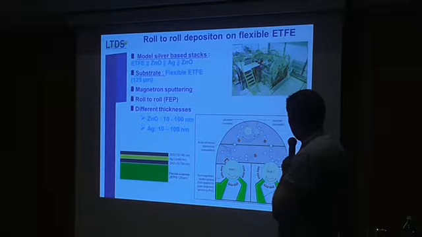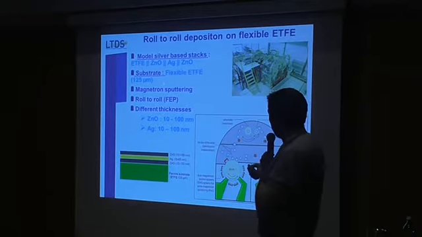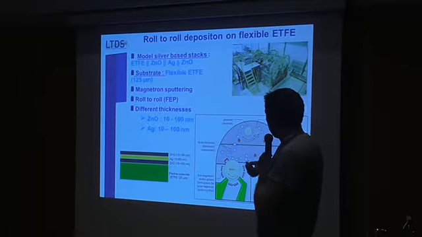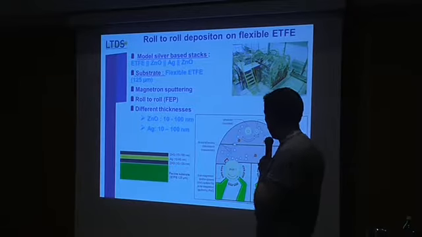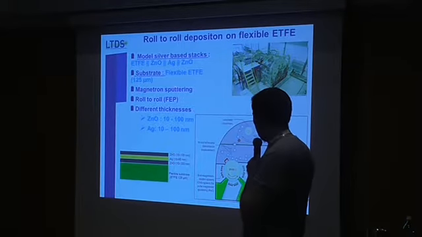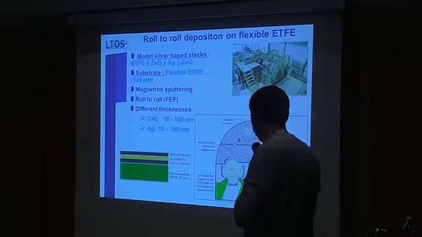This is a big device somewhere in Germany. And we deposit silver layer in between two zinc oxide layers on flexible ETFE films of about 100 micrometers thickness. And we use a different thickness of zinc oxide and silver.